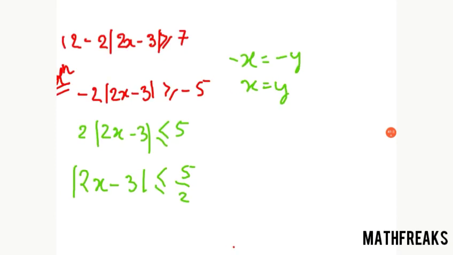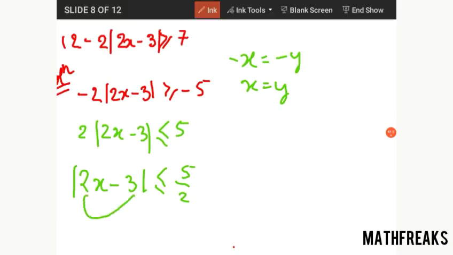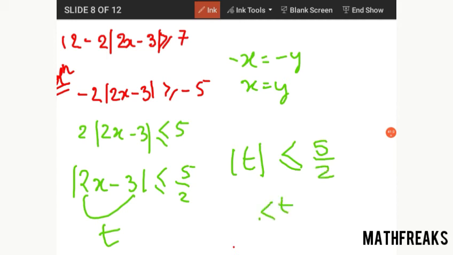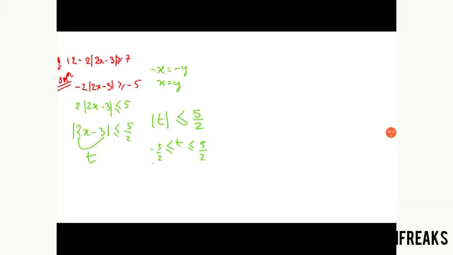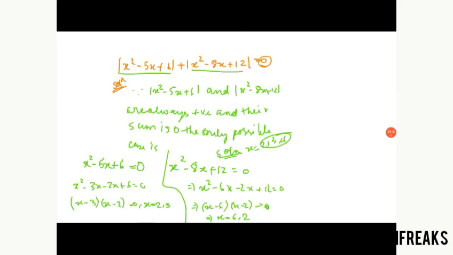If you take it as t, mod of t is less than or equal to 5 by 2. So how can you write this? You can write it as t belongs to minus 5 by 2 to 5 by 2. Correct? That is what we have done in this section.